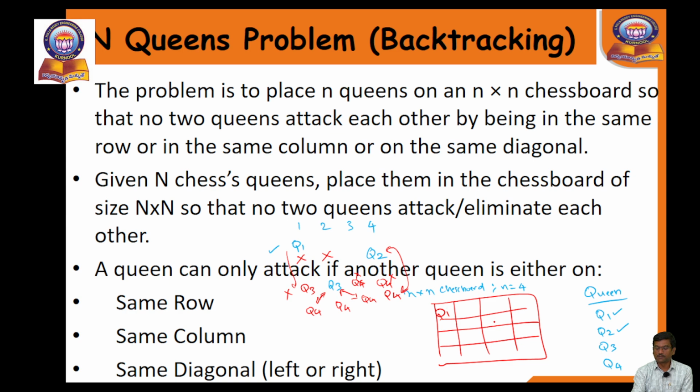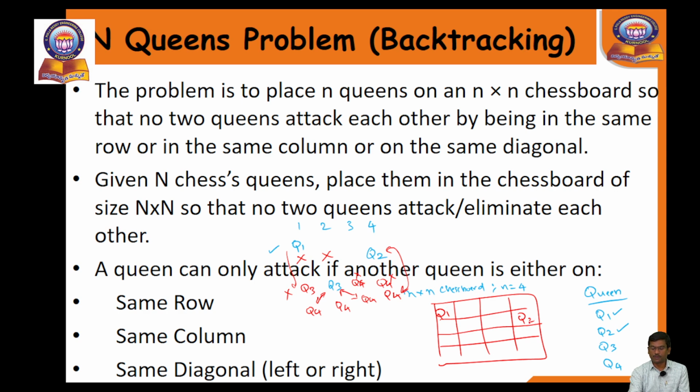I can place here q2. If I place q2 here, then there is no way of placing the queen 3. And that is the purpose where we are moving to the next path, that is place the q2 in 2-4.